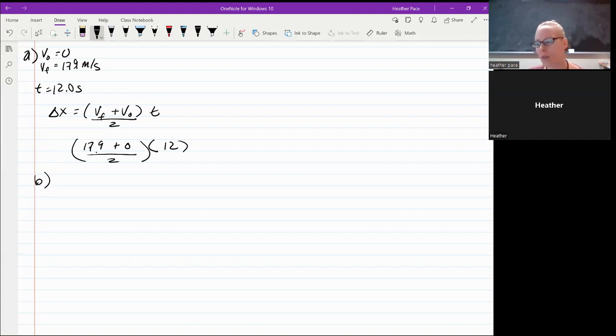So when we look at the problems in the book, we are assuming that our VF is 17.9 exact, or as close to exact as we can get.